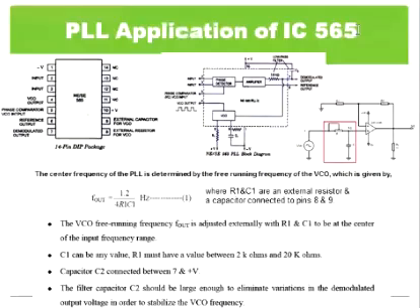There are 14 pins, in which pin number 1 is used for connecting the negative power supply, and pin number 2 and 3 are used for inputting the signal to the phase detector, and pin number 4 is the VCO out, and pin number 5 is the phase comparator out, and pin number 7 is used for the VCO control voltage, and 8 and 9 are respectively the timing resistor and capacitor, and the positive voltage supply is connected to pin number 10.